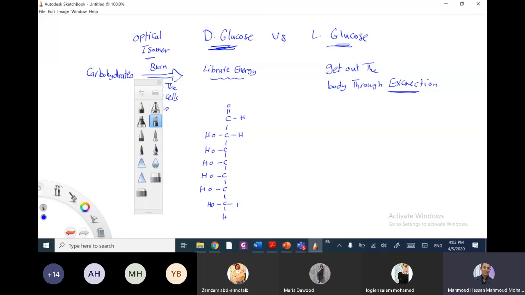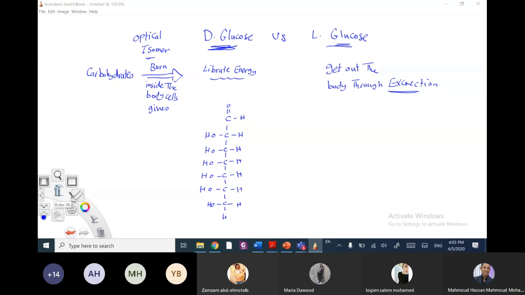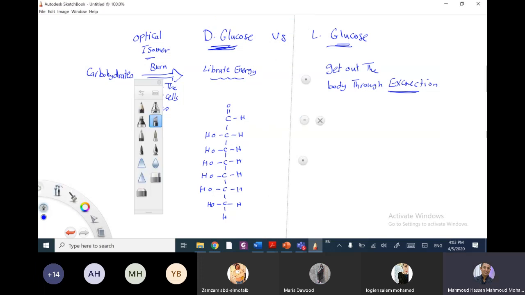Okay, if we look to the mirror image for this compound, it will be like this.